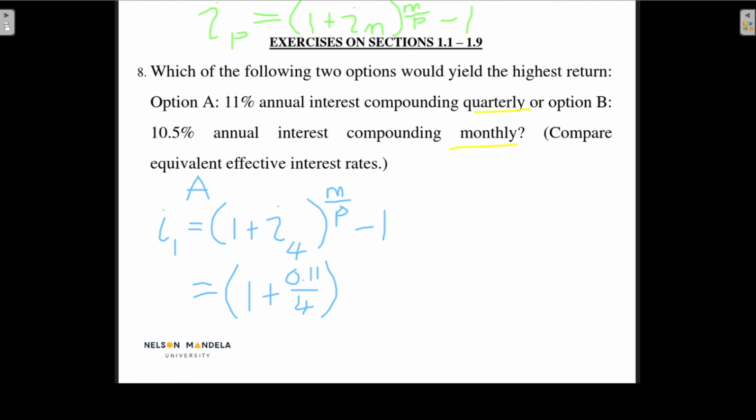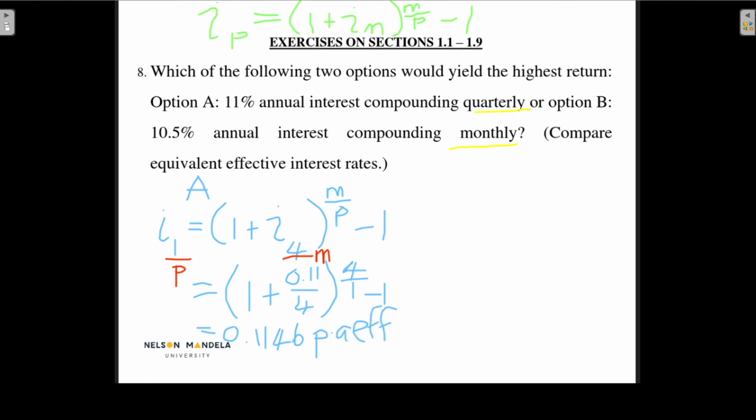My M is this 4 here, and this is my P. So this will then be to the power M over P, or 4 over 1. So this is then per annum effective.